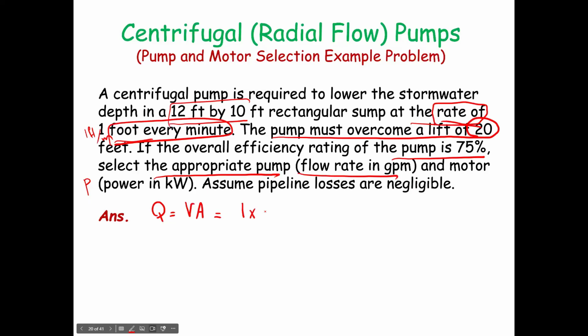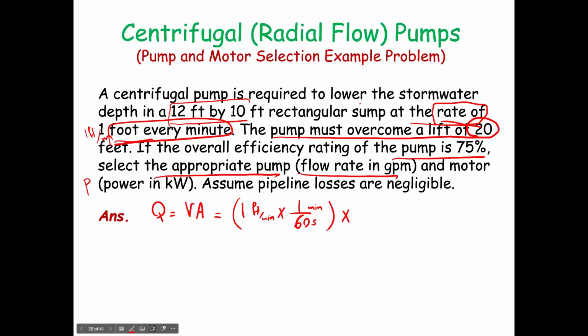So I have 1 foot per minute, which I really don't like because I need seconds. So I will change it right now to foot per second, multiplied by area.